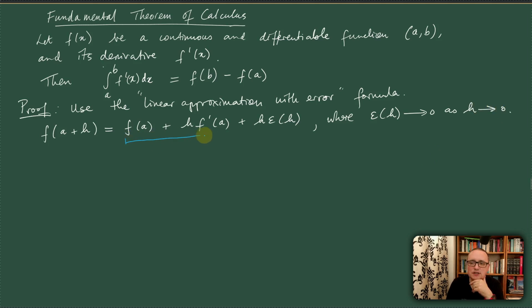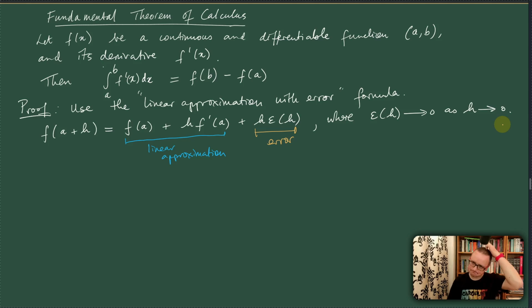Okay, so this first part here is your linear approximation. And this second part here, the h epsilon h, is the overall error term. But the error term, even after you cancel off the factor h, still goes to 0 as h goes to 0.